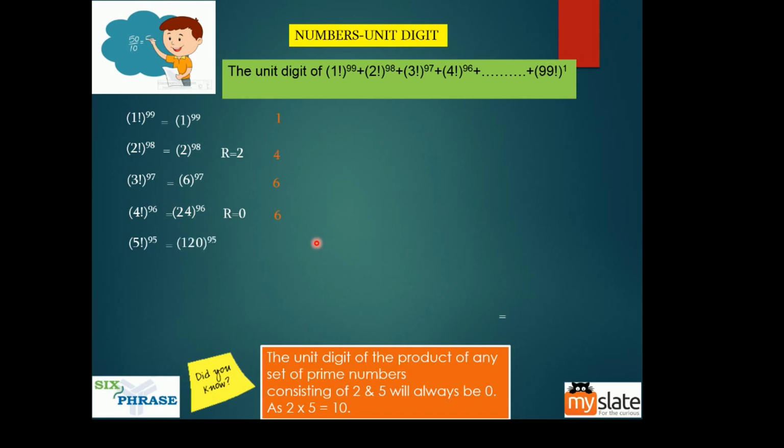Now the unit digit of this expression is nothing but unit digit of 0 power 95. What is the unit digit of 0 power 95? It is 0. Then 6 factorial again it will be 0. For 7 factorial it will be 0. For 8 factorial up to 99 factorial, for all these values the unit digit will be 0.